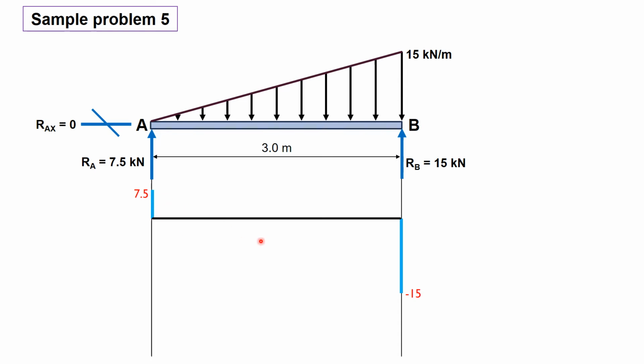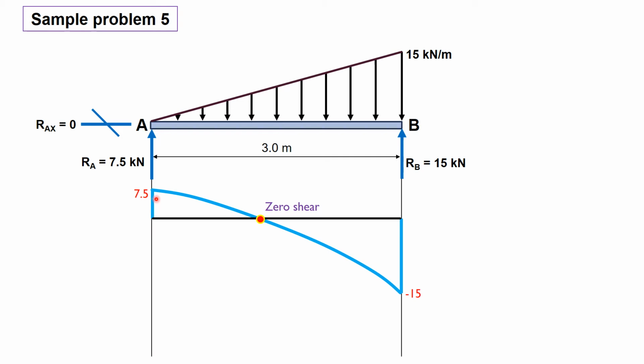So if you connect these two, you draw a curved line which is concave downward. So like this. Notice that at this point, we have a point of 0 shear.